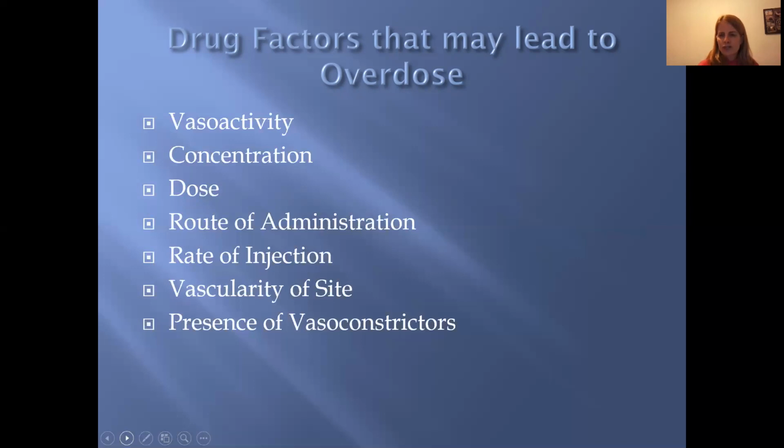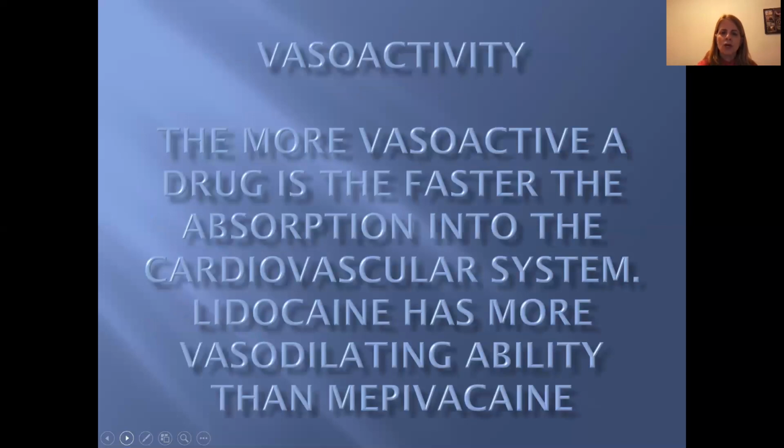Any concentrations of the anesthetic. So a 2% lidocaine is like 2 drops in the swimming pool versus a 4% articaine, which is 4 drops. So true drops is less than 4. So even the concentration. The more vasoactive a drug is, the faster the absorption into the cardiovascular system. Lidocaine is more vasodilating.